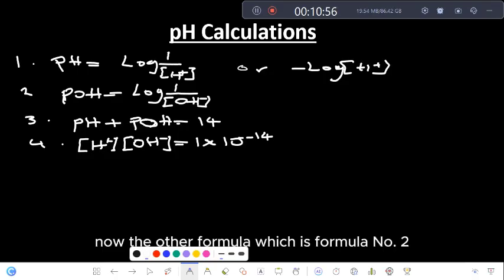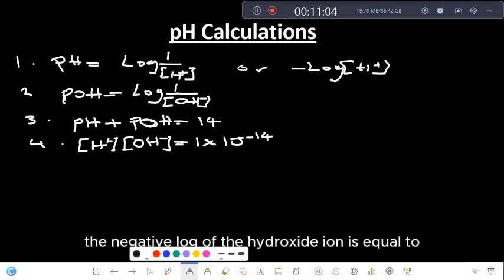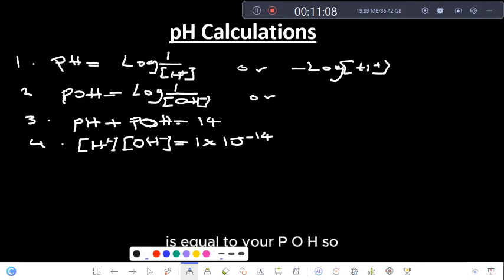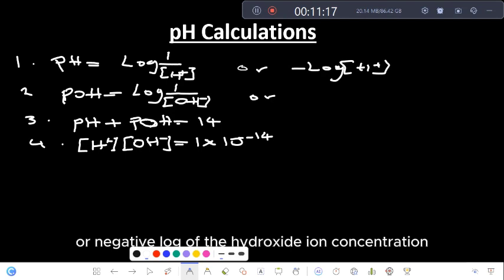Now, formula number 2 says that negative log of the hydroxide ion is equal to your pOH. So pOH is equal to log of 1 all over the hydroxide ion concentration, or negative log of the hydroxide ion concentration.